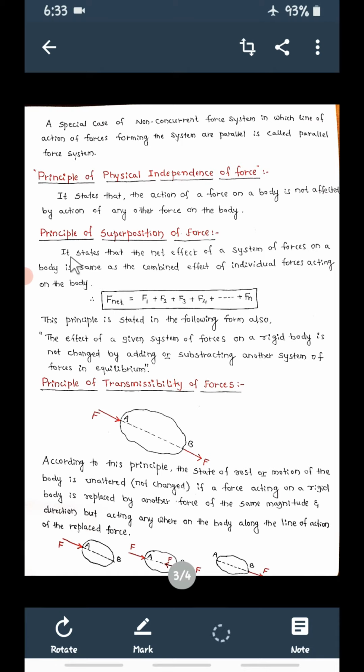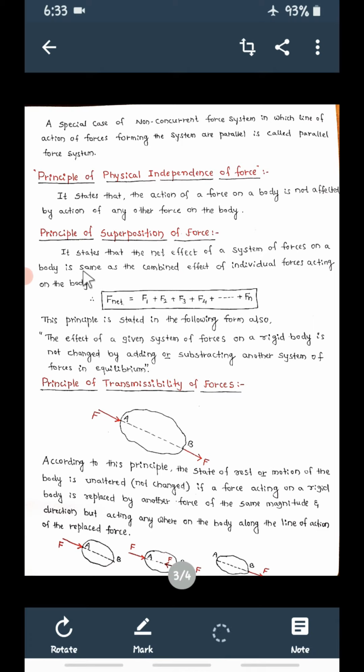Then the second principle is the principle of superposition of force. It states that the net effect, the net meaning the total effect, of a system of forces on a body is the same as the combined effect of individual forces acting on the body.